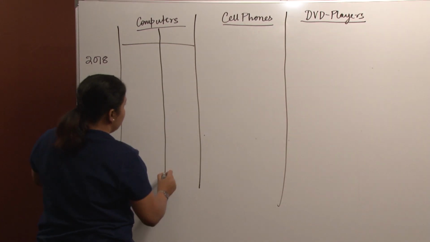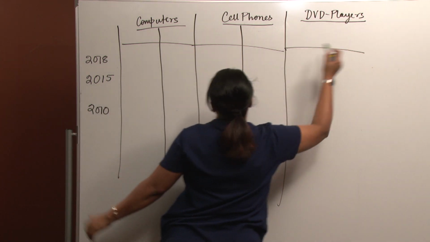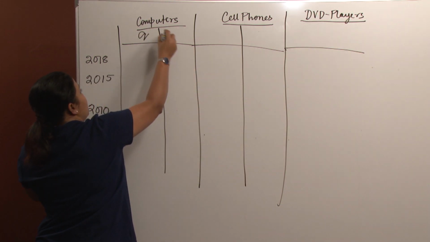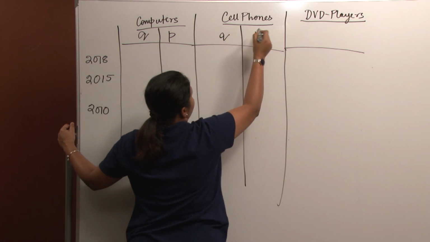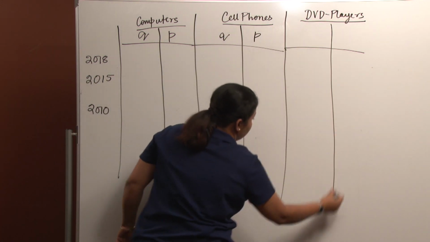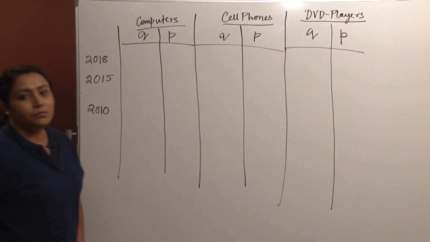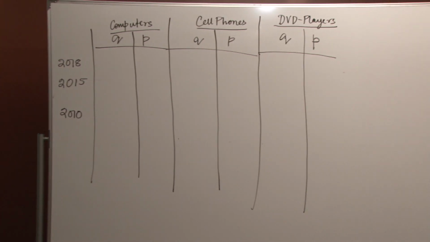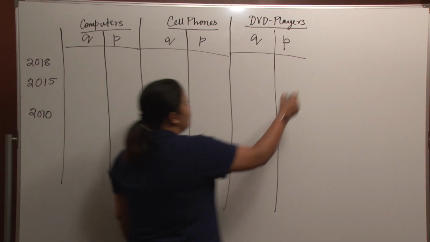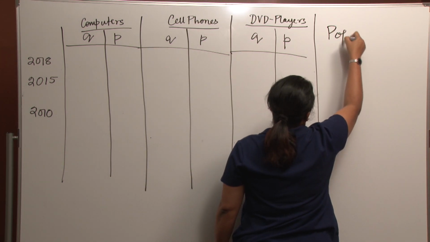So, we have quantity and price for every year and for every commodity. So, quantity times price, quantity times price, times price, okay. And let us say we are also given the population of the country in those 3 years. So, we know what is the population.